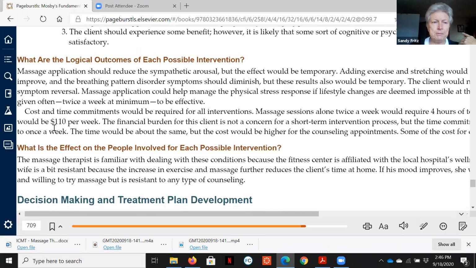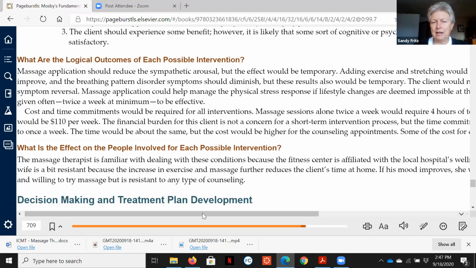And maybe finances aren't a problem, but this person is really nervous about massage. I'm just talking off the top of my head. Maybe they are hesitant to come in for a massage.